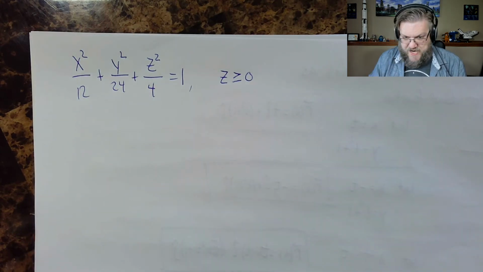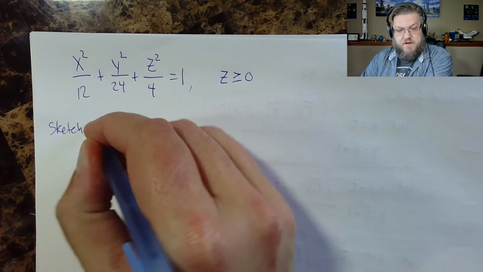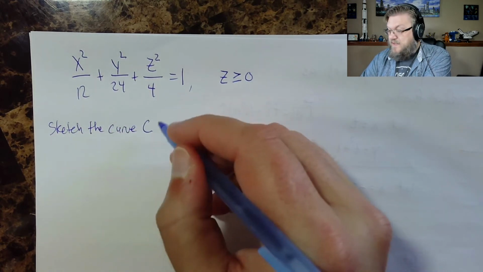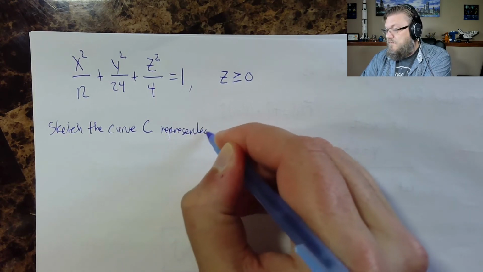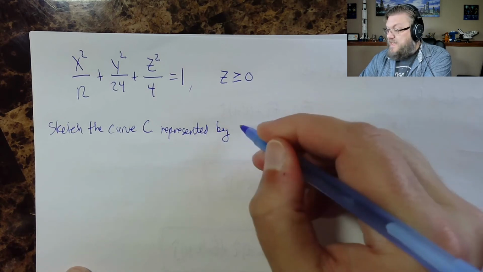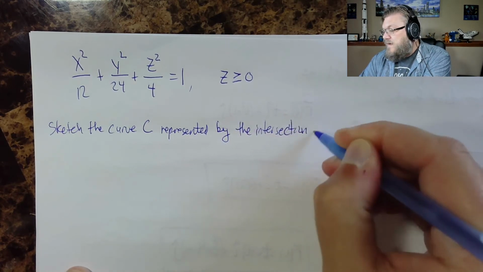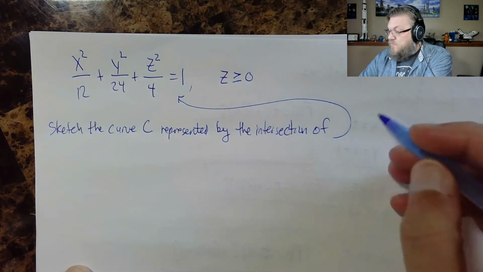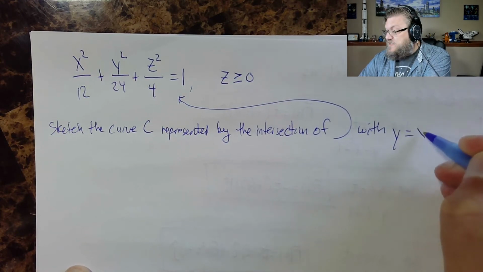Oh, okay. Let's back up. We want to sketch the curve in 3D space represented by the intersection of the semi-ellipsoid with the cylinder y equals x squared.